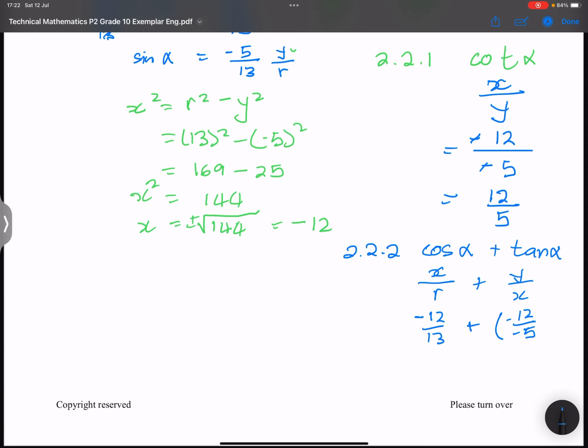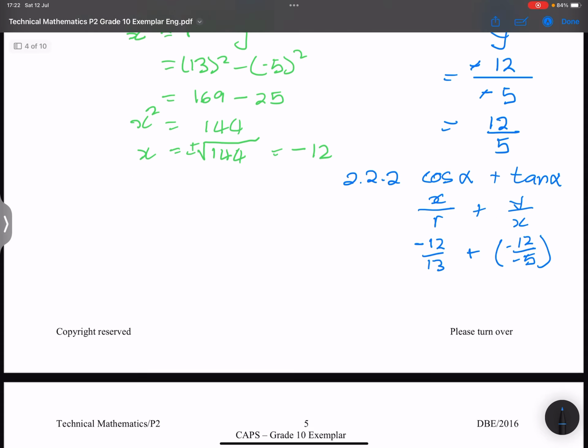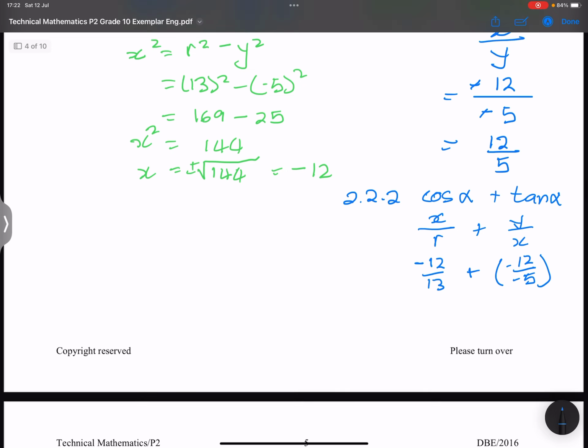I want you to note that negative divided by negative gives us a positive. So we've got minus 12 over 13 plus 12 over 5.